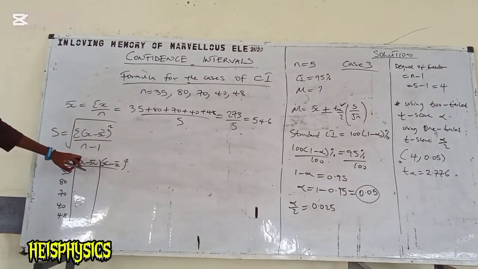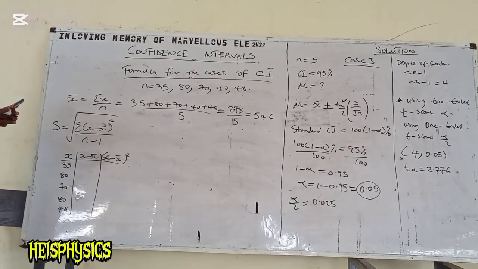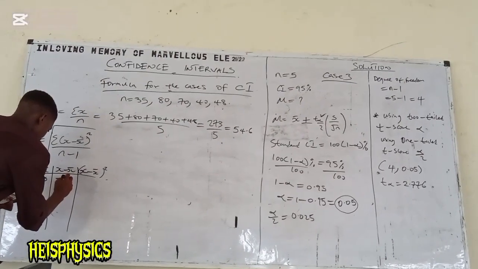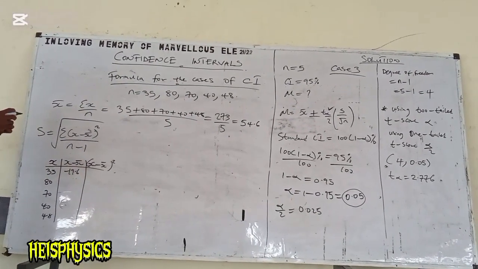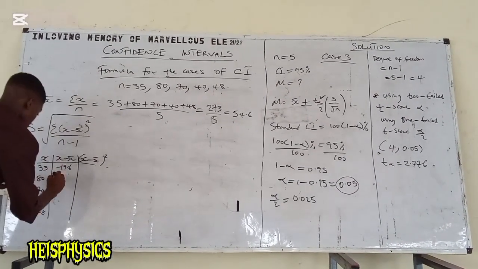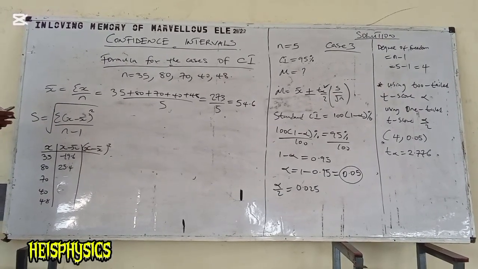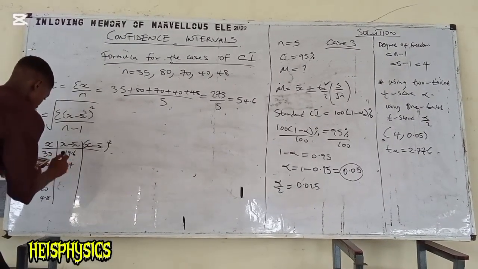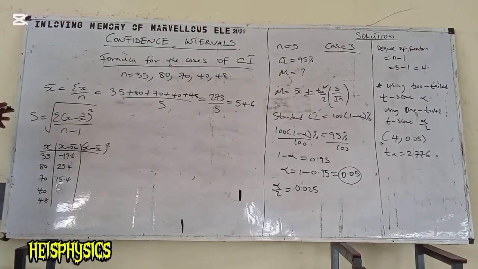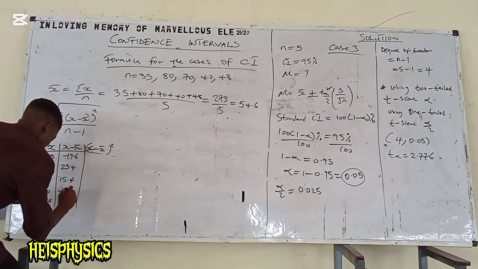So x minus x bar now: 35 minus 54.6, we have minus 19.6. 80 minus 54.6 is 25.4. 70 minus 54.6 is 15.4. 40 minus 54.6 is minus 14.6.